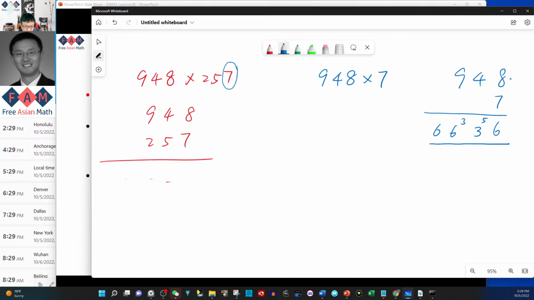But why does this work? Well, this is exactly because we have the distributive law. Let's recall that because of the positional number system, 948 is nothing but 900 plus 40 plus 8, right? So essentially, we break any decimal number according to its place values: unit place, tens place, hundreds place, and so on. We break that down into a format like this.